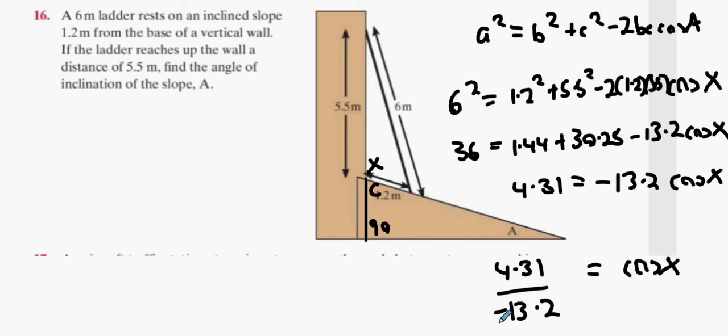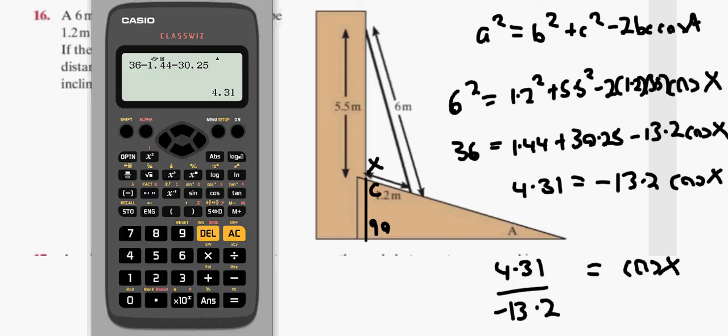Because cos is negative, we expect the angle to be above 90 degrees. Let's find out. Shift cos inverse of 4.31 divided by minus 13.2. The calculator gives you 109 degrees. Cool, you guys?